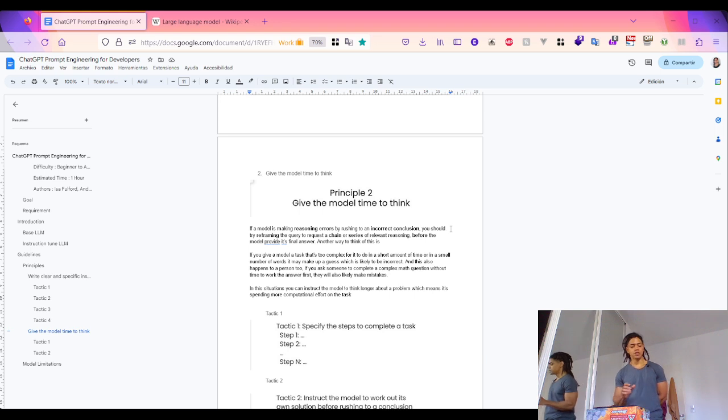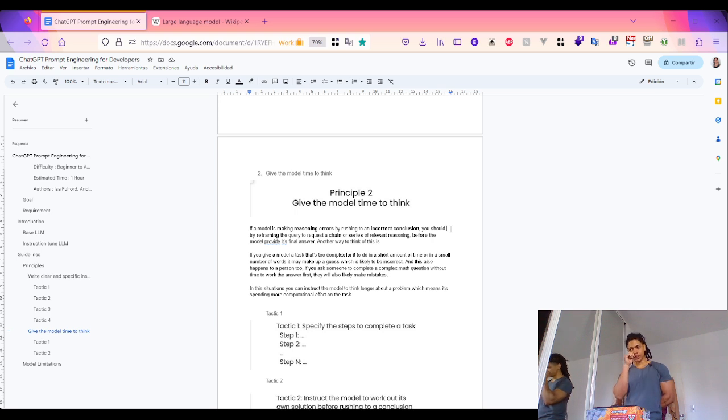So in these situations, you can instruct the model to think longer about a problem, which means it is spending more computational effort on the task. You can think of this as if you give a person a complex math question without time to work out the answer first, they will also likely make mistakes.